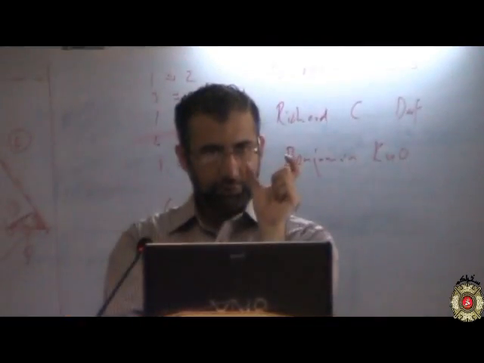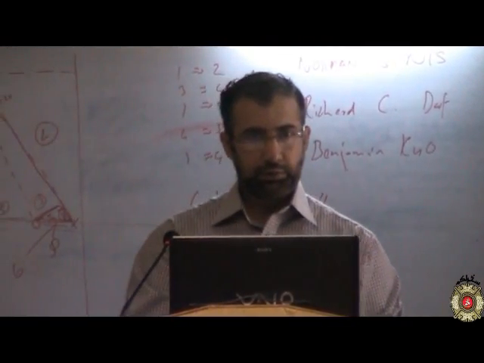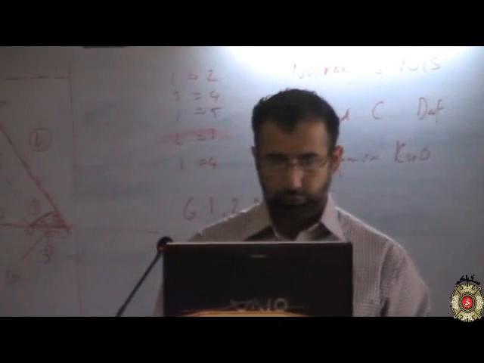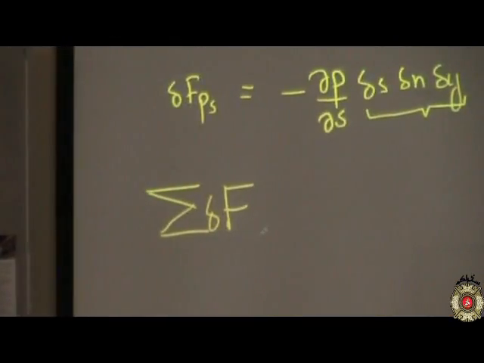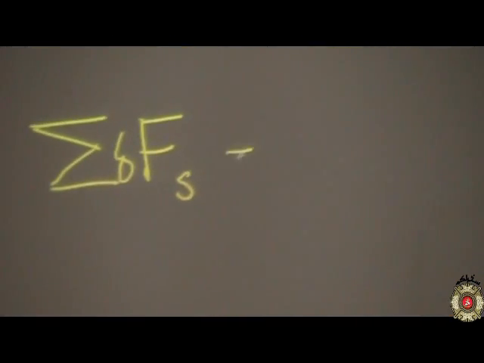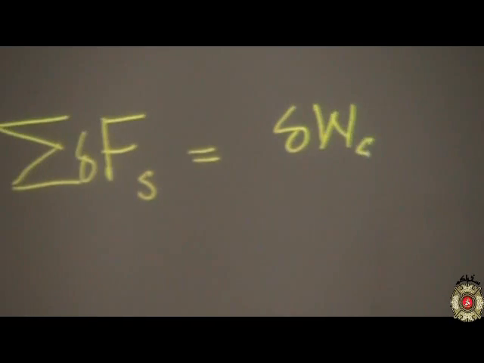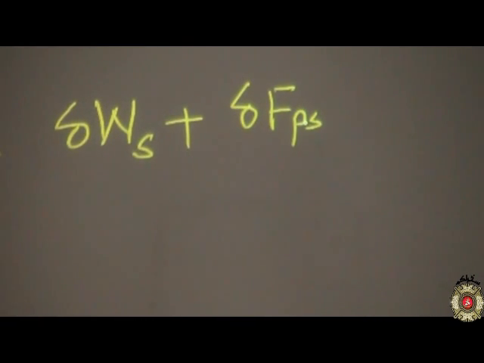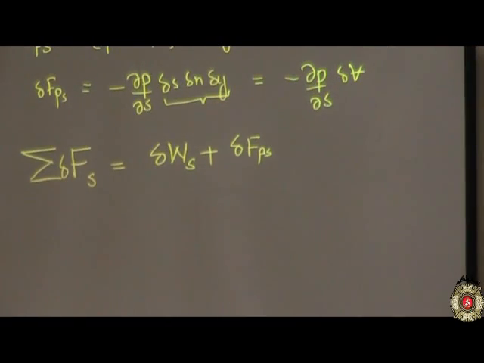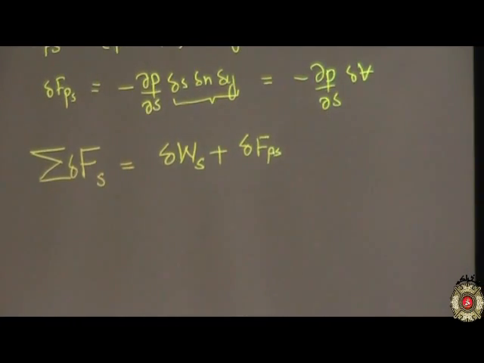Okay, this is the variation of the force in the streamline direction due to pressure. That is why F_P_s. Now if I have to write this complete sum of forces in the streamline direction, one is coming from the weight and the other one is coming from... okay, why there is no this?